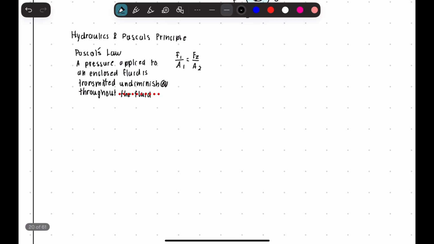And this creates a mechanical advantage.